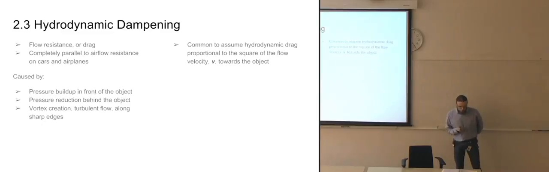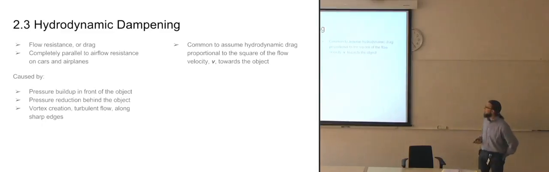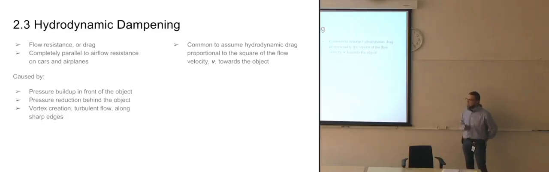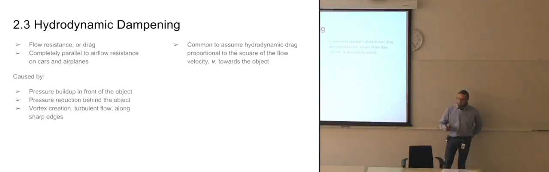And we usually assume that the hydrodynamic drag is proportional to the square of the flow velocity. So basically, not the velocity of the object itself necessarily, but the velocity of the water particles that are streaming past it.